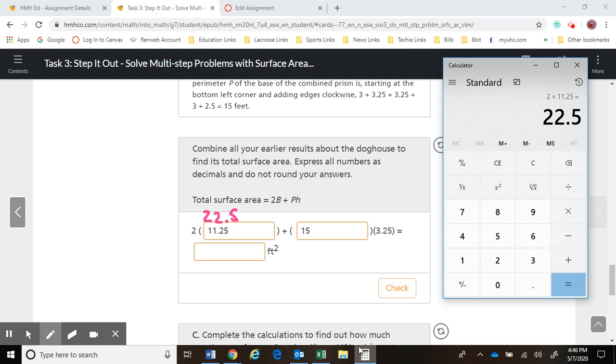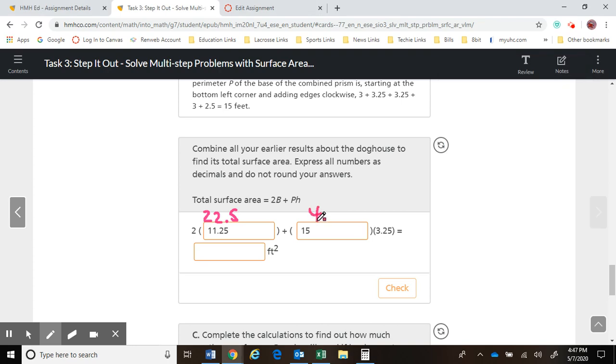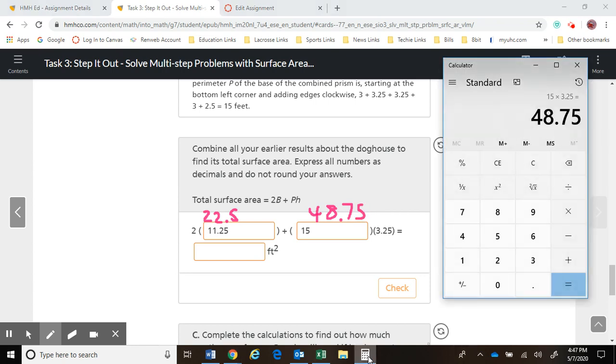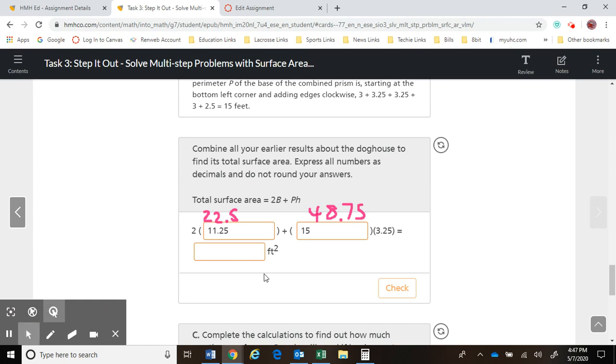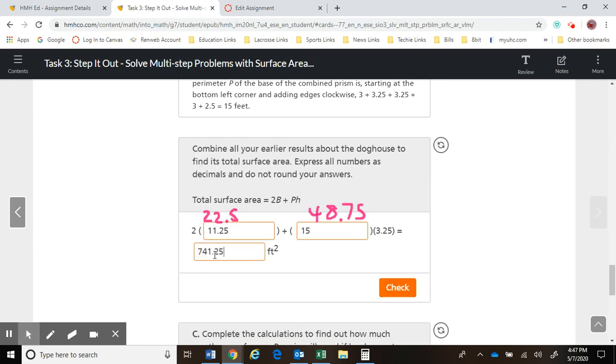And then we're going to add that to 15 times 3.25, which is 48.75. Then we add these two together, plus 22.5, and we get 71.25. Of course, this is square feet.